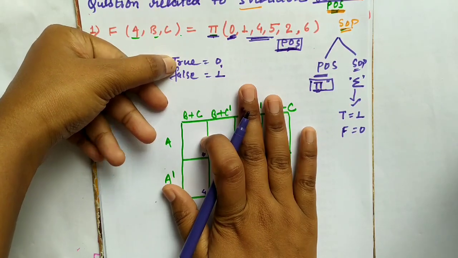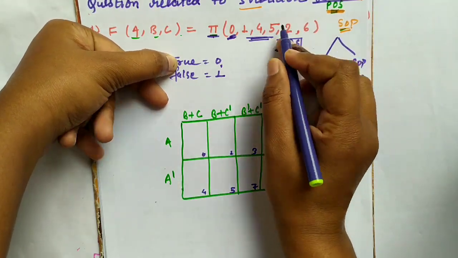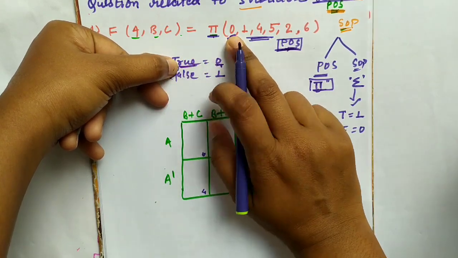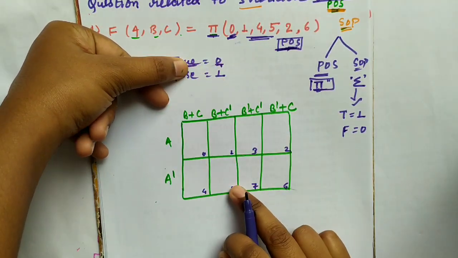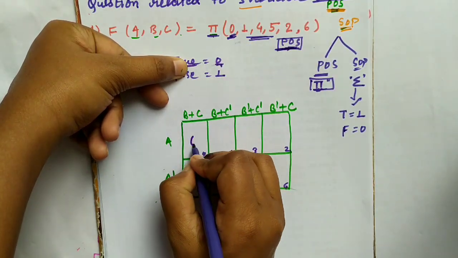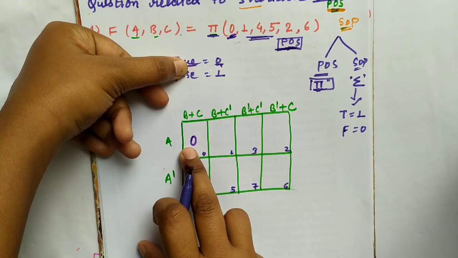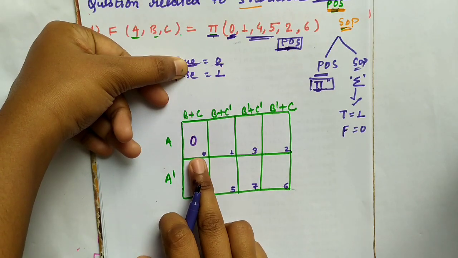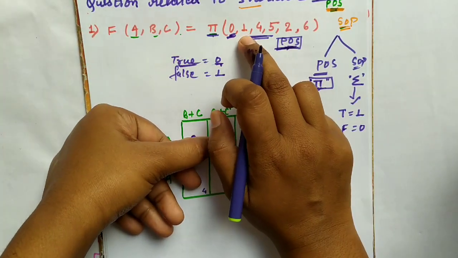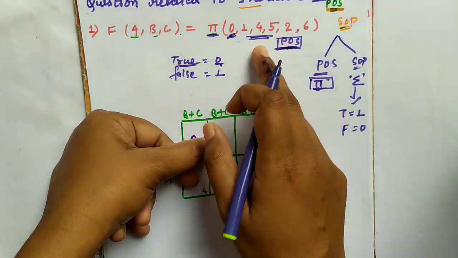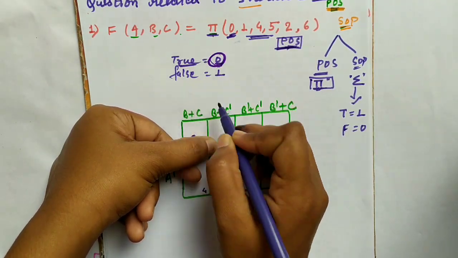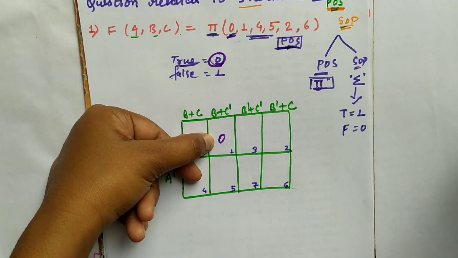Because in the POS form, 0 means true, and true means that value is available in that K-map. So in the place of 0 we write 0, that means true. Next, 1 is also available in the K-map, so it is true, and we write 0 again.